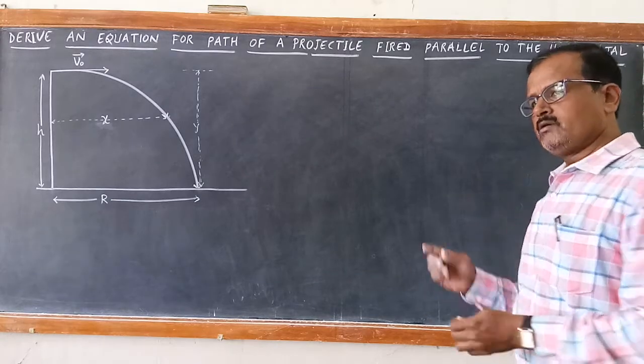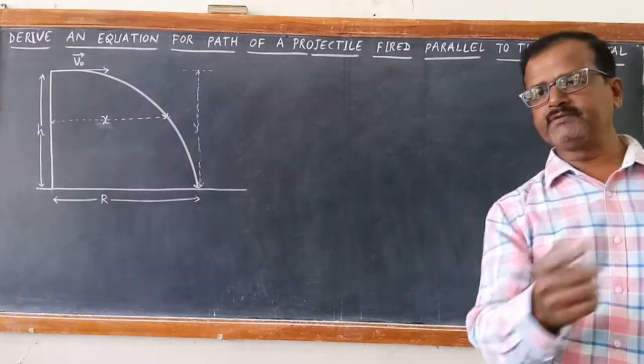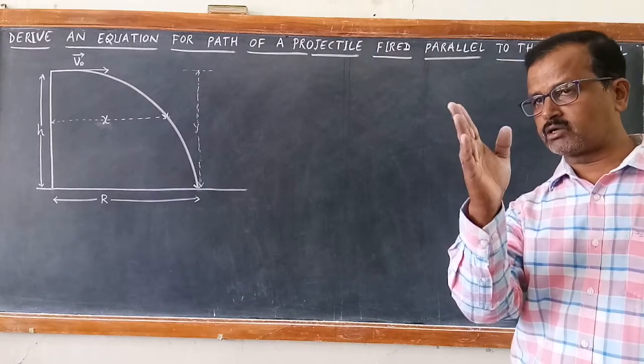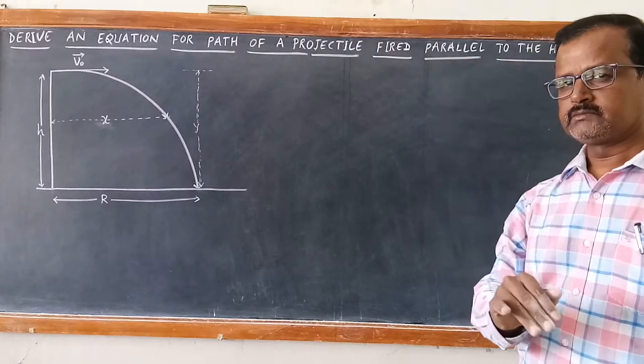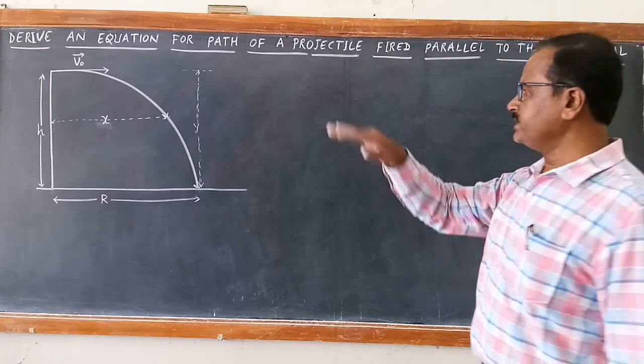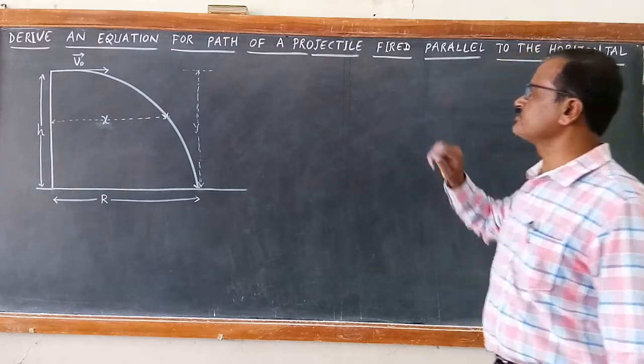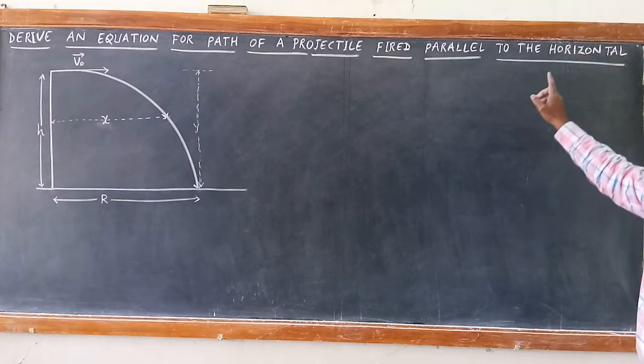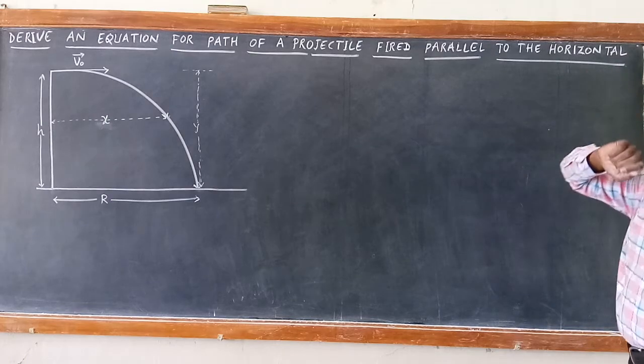If the projectile is shot parallel to the horizontal from certain height, how will be its path, and derive an equation for it.